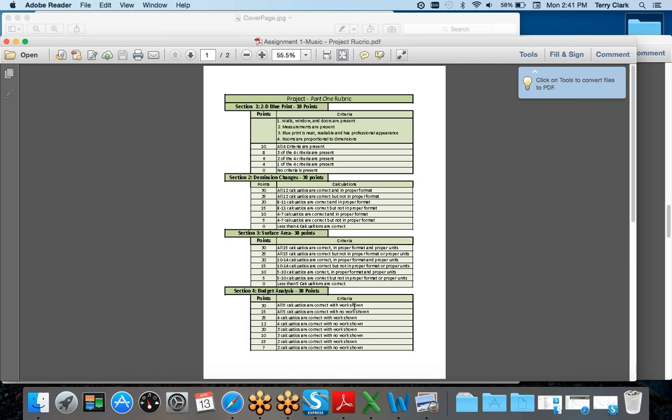For the budget analysis, your work has to be shown, and it says it right there. For the surface area, you've got to have the proper units as well. Well, the windows and doors are already included in the general, and they are part of the surface area.